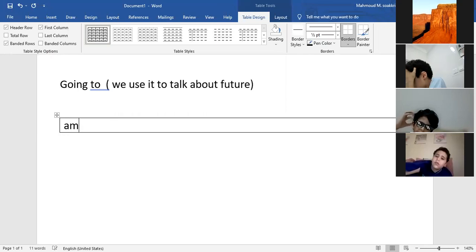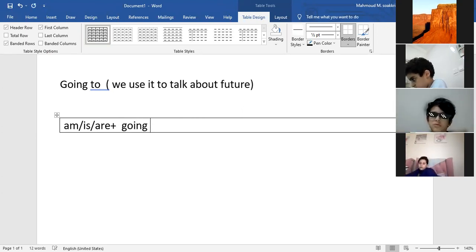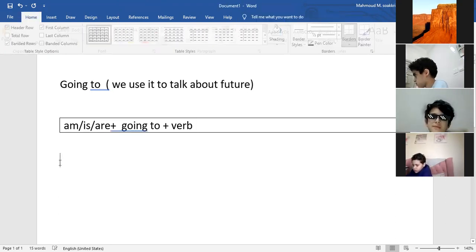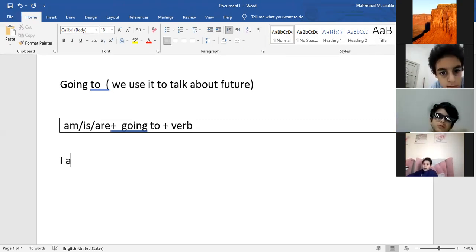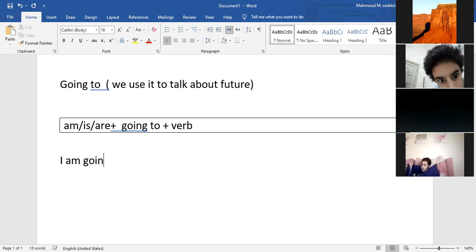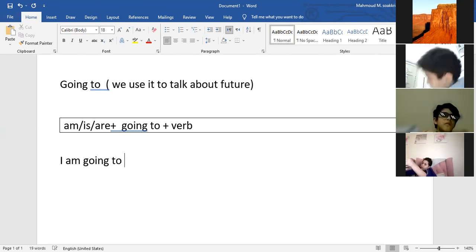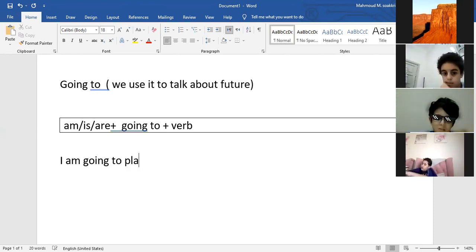We use am or is or are plus going to plus the verb. For example, I takes what? Takes am. And then going to. And then the verb. For example, play.